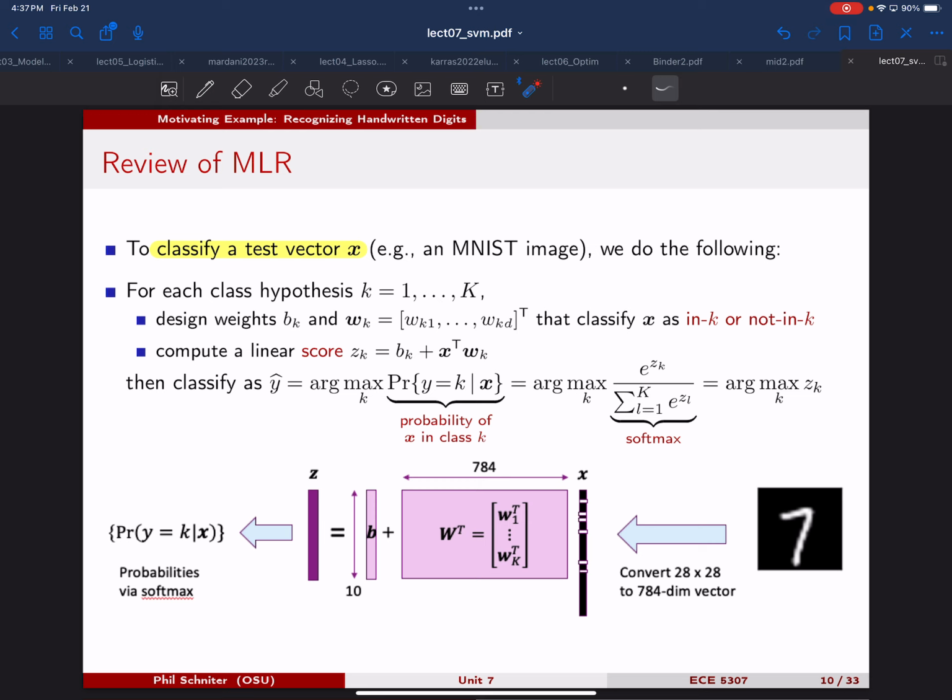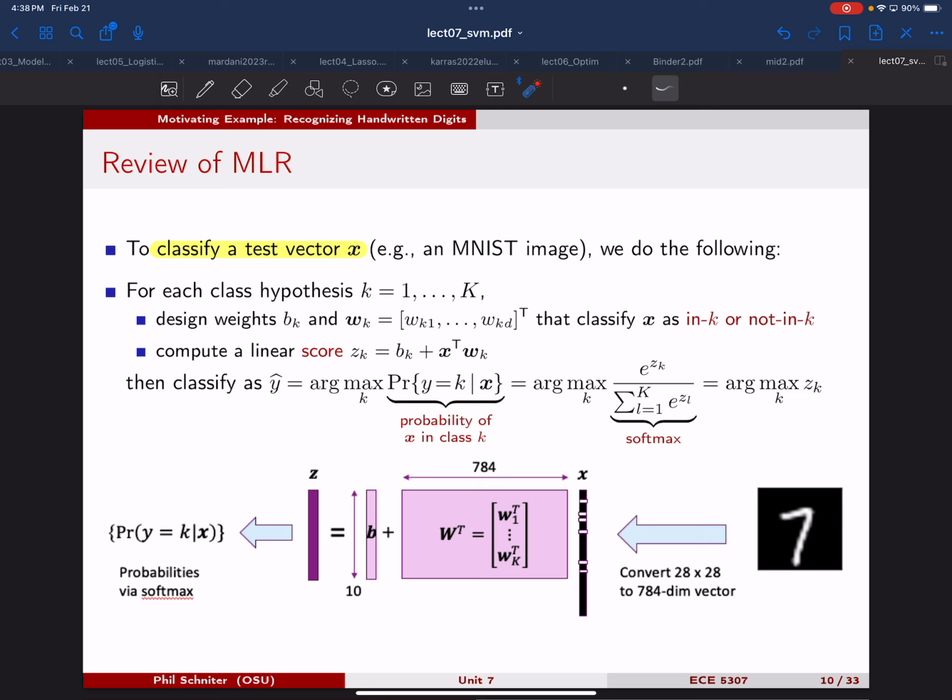One of the ways to understand that logic is we have built a probabilistic model which says what is the probability that the class is K given this test feature vector. And then when we did MLR, we said, in particular, we're using the softmax as that probabilistic model. So that was this ratio of e to the power zk over this normalizing constant.